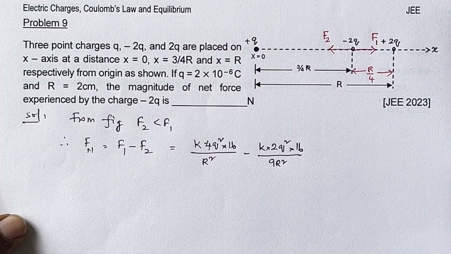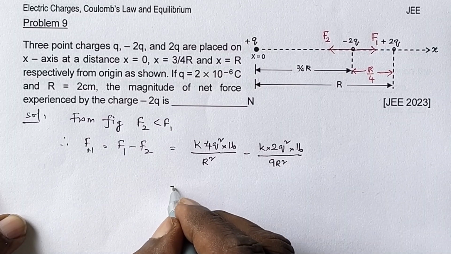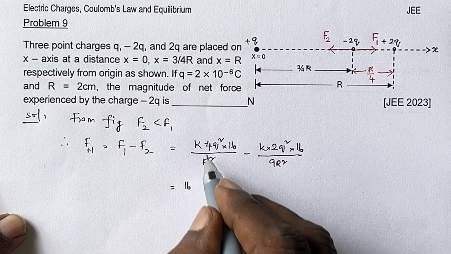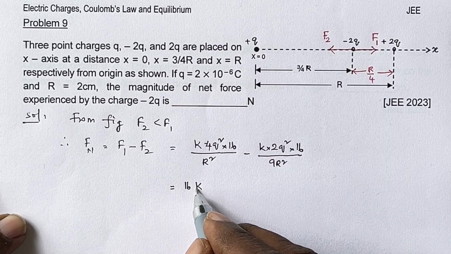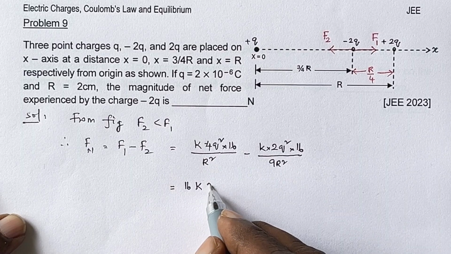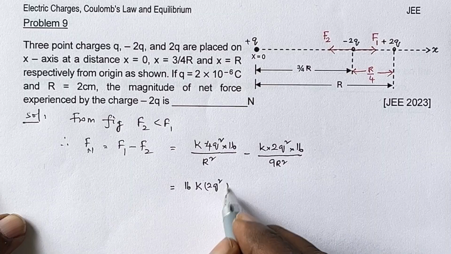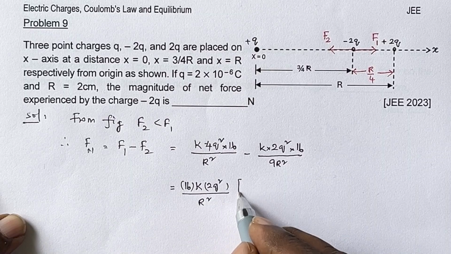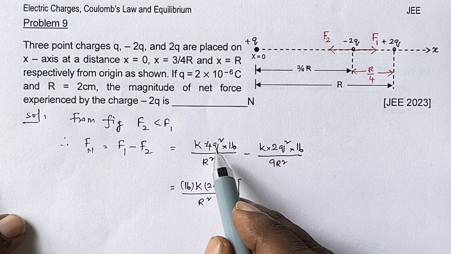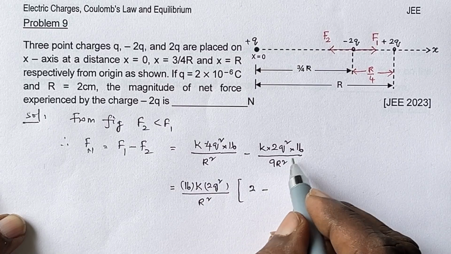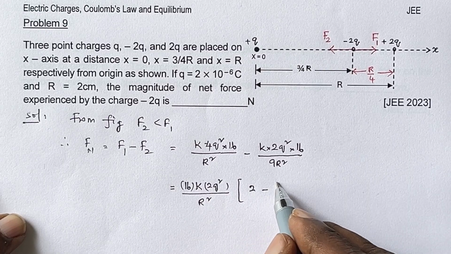So these are the forces. Let us take the common K, this 16 K, and 2Q square also I can take common, by R square. If I take common here, 16 K, 2Q square went off, so 2 is there here, minus here all went off, 1 by 9.